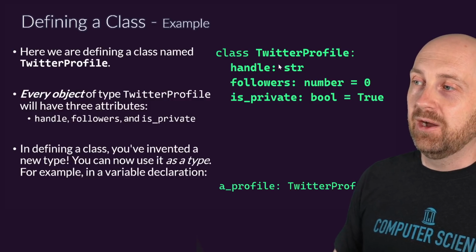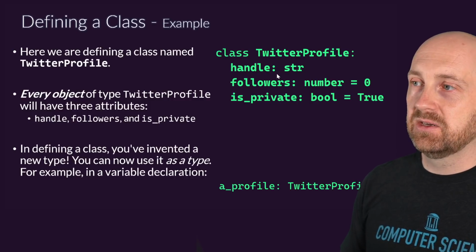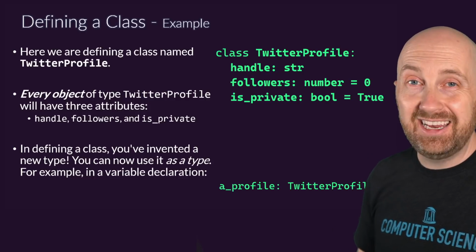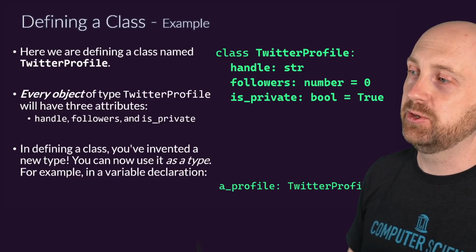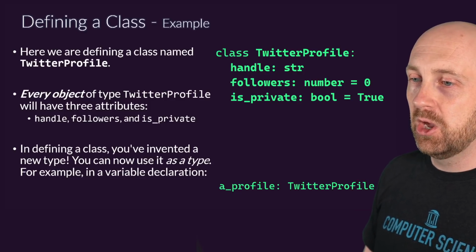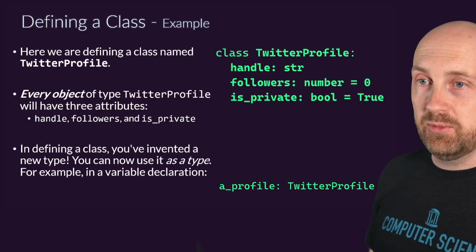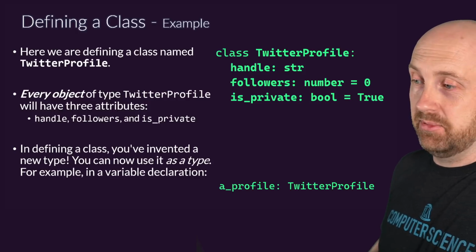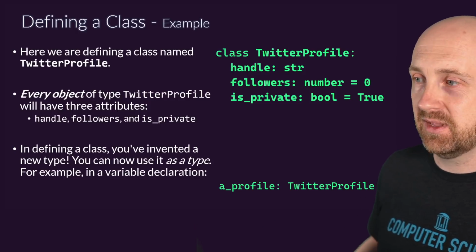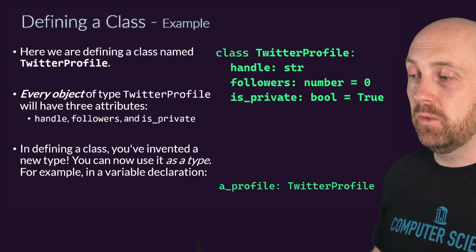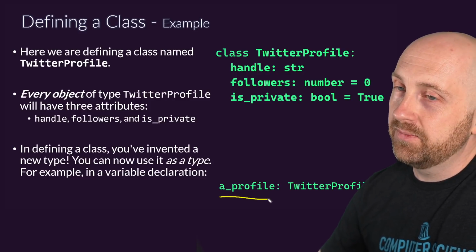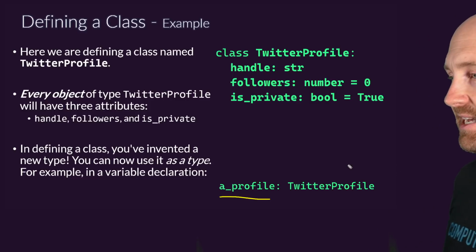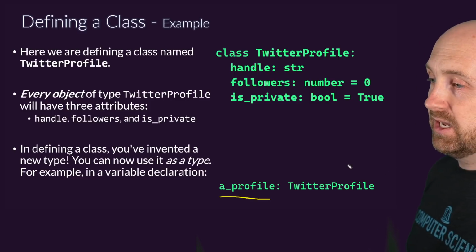So after defining this class, we know that any object whose type is TwitterProfile is going to have these three attributes associated with it. Once we've defined this type, we can actually use it as if it were a type anywhere else in our program once it's been introduced. So we could have a variable, and that variable's name might be a_profile, and we could say that its type is TwitterProfile.